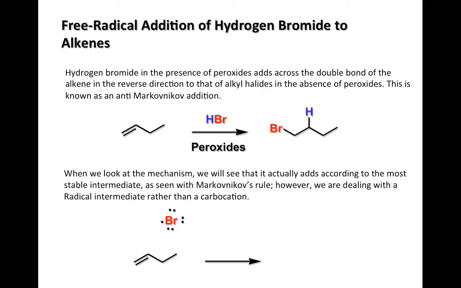So now we're going to take this, and this is going to interact with our double bond. So we could imagine taking our double bond, taking the bromine, interacting it on the left-hand side, pushing the electron out on the right-hand side, and that would give us this intermediate here with a primary radical.